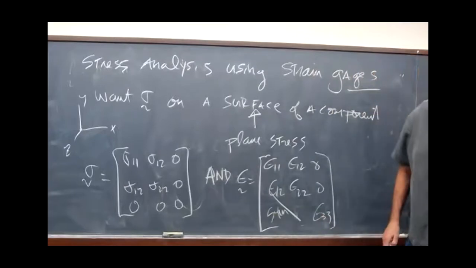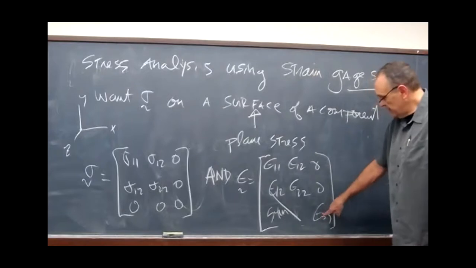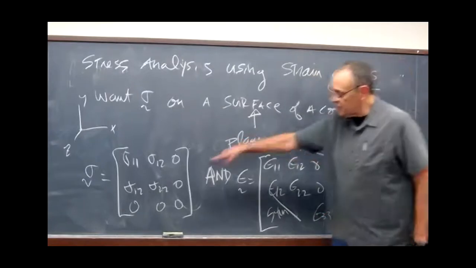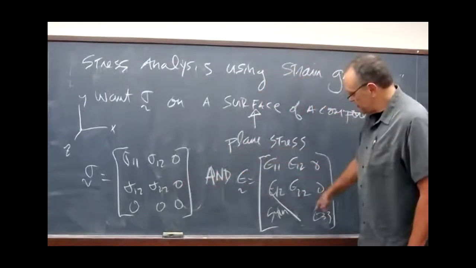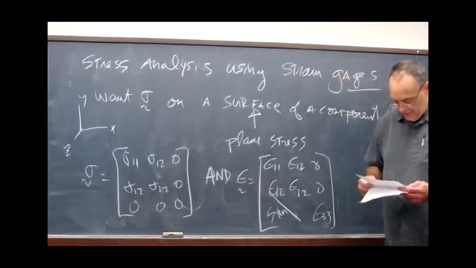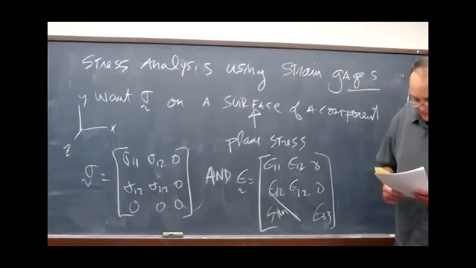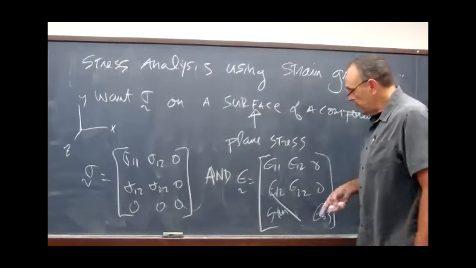Don't get too worked up about that. Plane stress does not imply plane strain, so we always have this non-zero component of strain that, for isotropic elastic deformation, would be related to Poisson's ratio. So this is what we want.